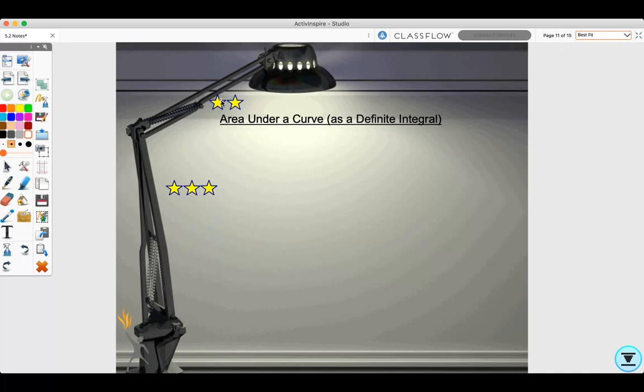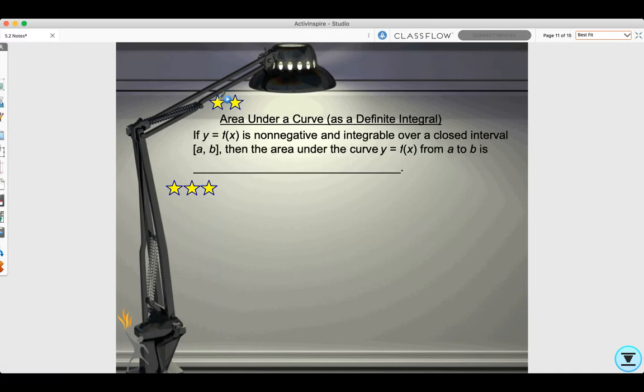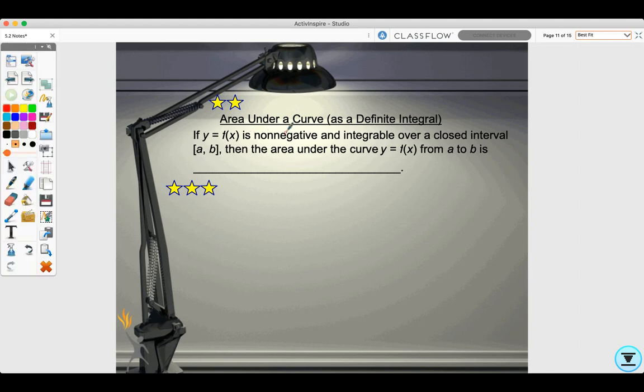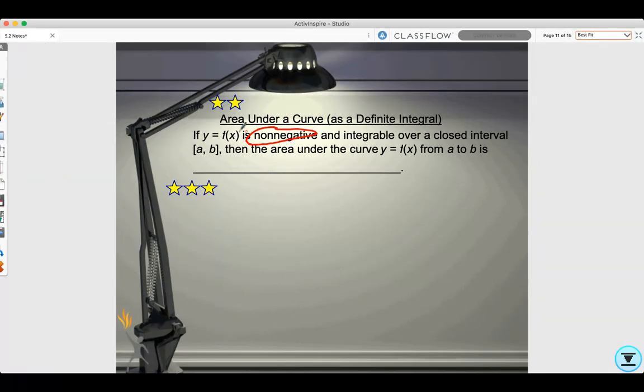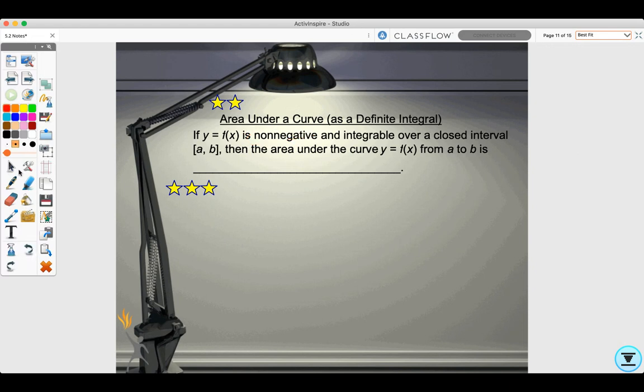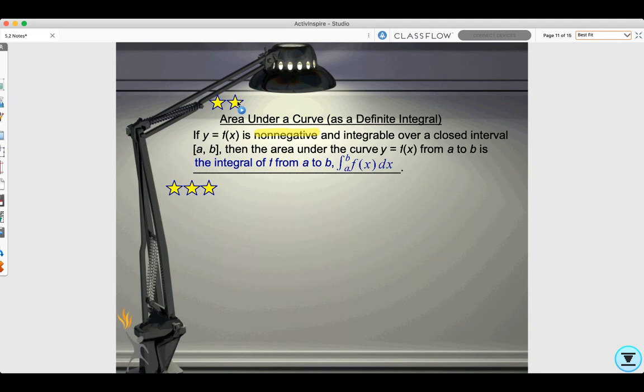Area under a curve as a definite integral. If y equals f of x is non-negative, and the key word here is non-negative, and integrable over a closed interval [a, b], then the area under the curve of f of x from a to b is the integral of f from a to b.